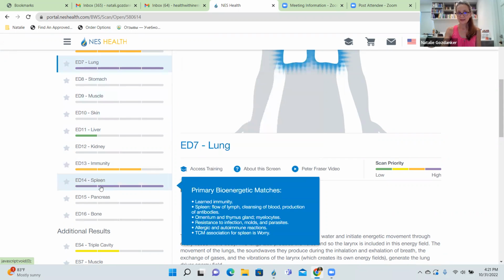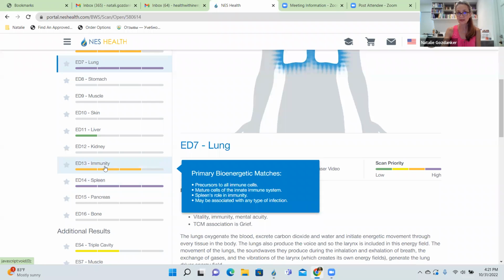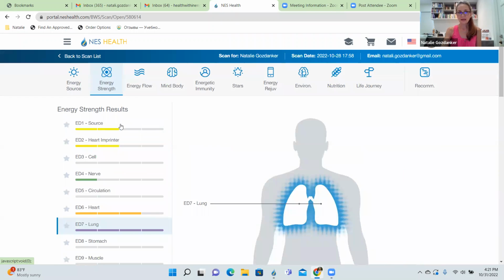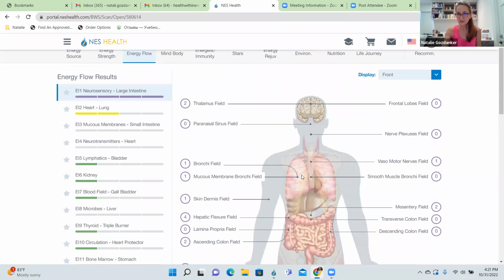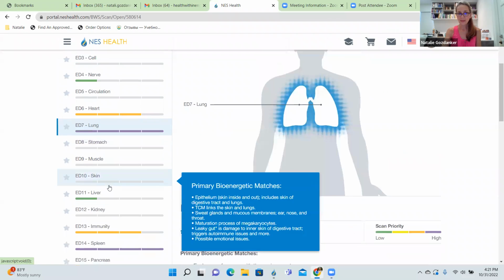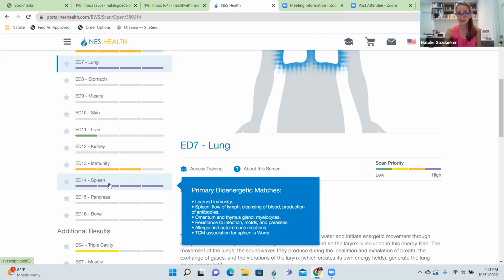Also, we can connect the large bowel integrator with the spleen organ, and of course with the immunity system, because if you look at it, it runs through the thymus, the immune system center, and it runs through the organs of digestion. And here we can see spleen and immunity.